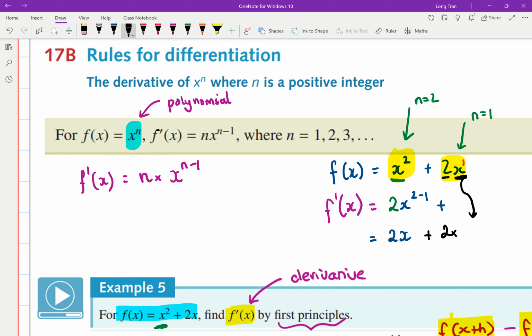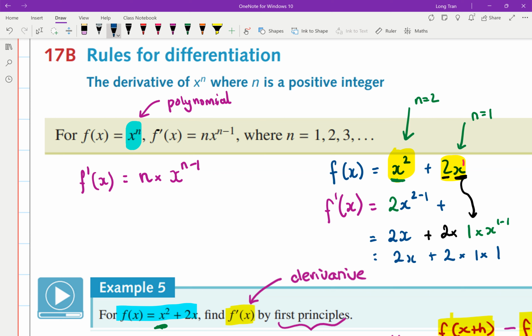And according to the rule, it's n, which is 1, times x to the power of 1 minus 1, right? So if I do that, this now gives me 2x plus 2 times 1 times x to the power of 0, but we know x to the power of 0 is 1. So we can write that as 1.